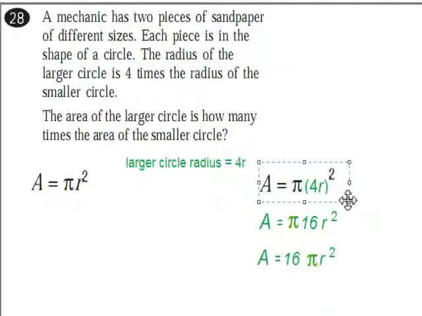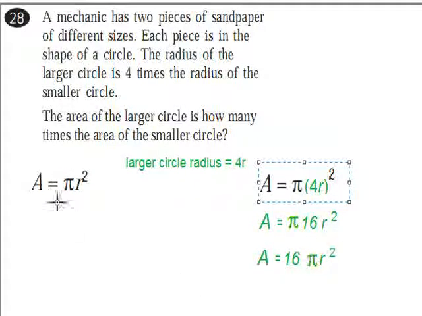Alright? And when you take this entire thing and square it, you have to square the coefficient, or you have to square the number in front of the r, right? So 4 squared, that's 16, and you distribute this exponent across the 4 and the r. So 4 squared is 16, and r squared is just r squared. And doing a little rearranging here, using the commutative property of multiplication, the area of the large circle is 16 times.